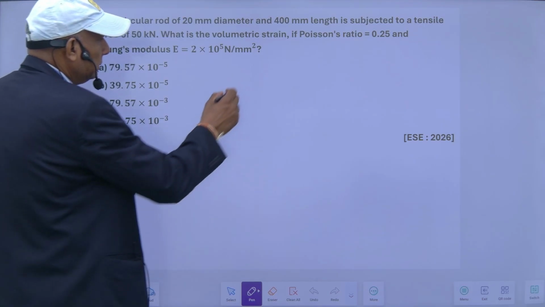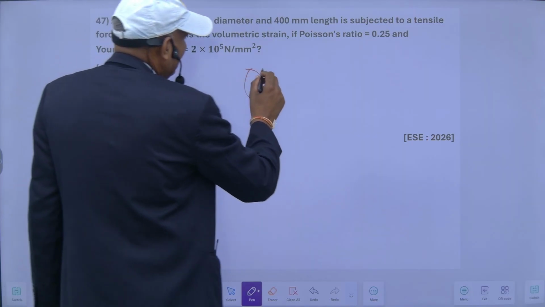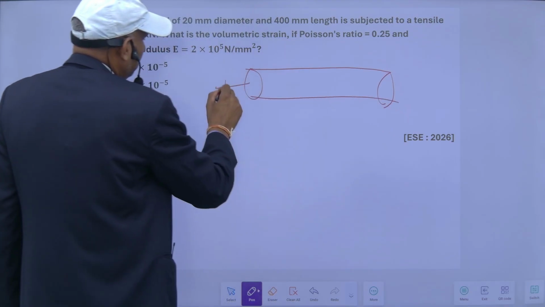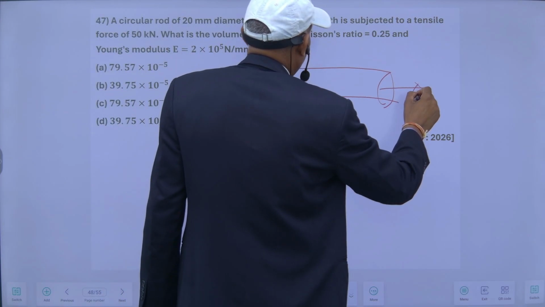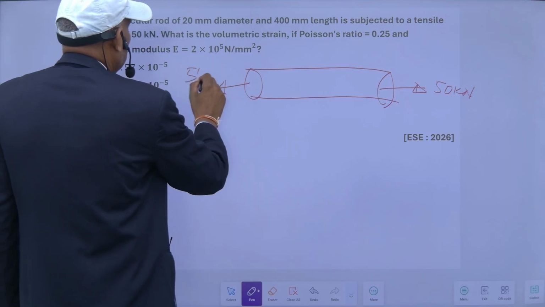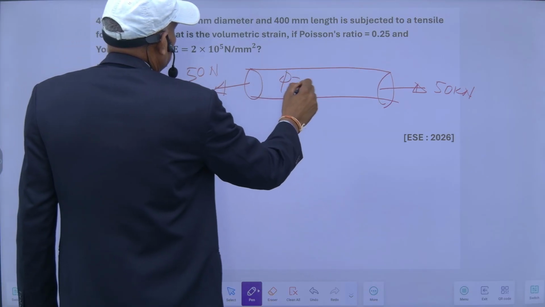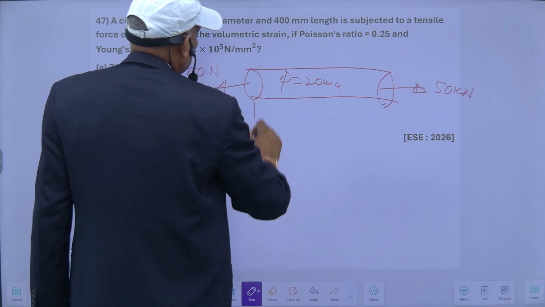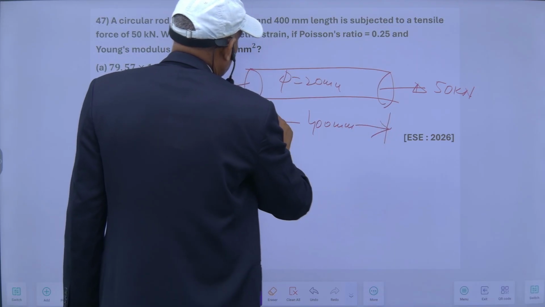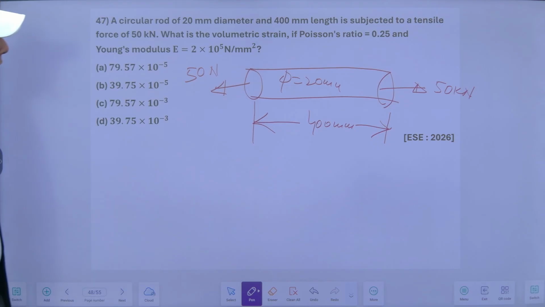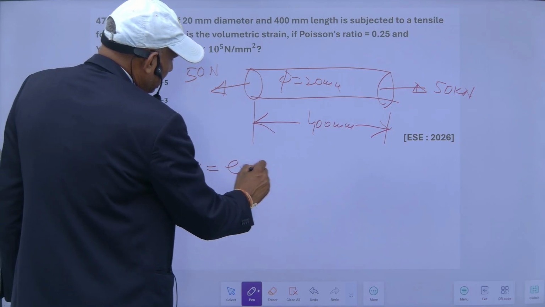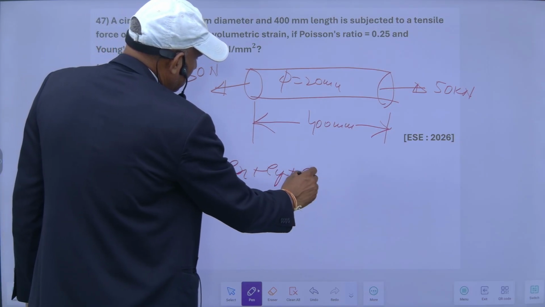So it is 50 kilonewton. Volumetric strain means this one.